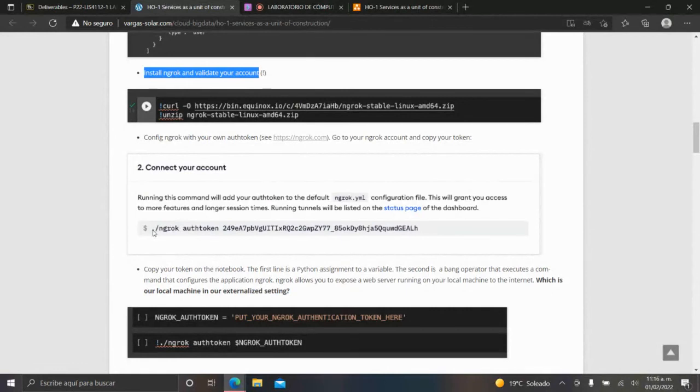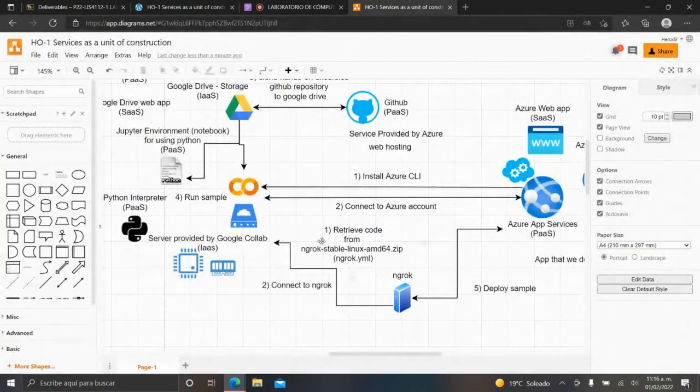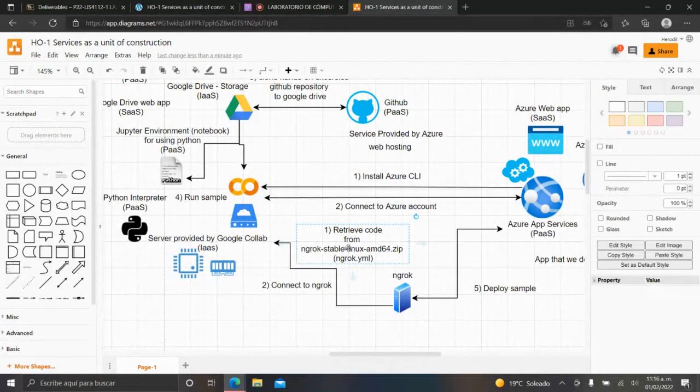So this is why we put dot ngrok. This is executing the YAML with our token. But you have to put it within the server.